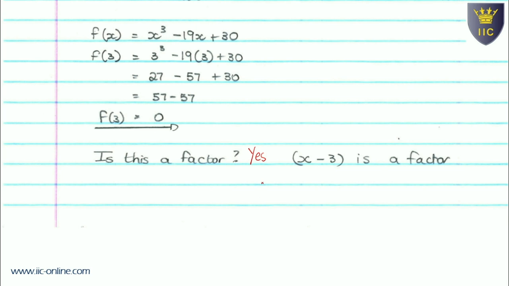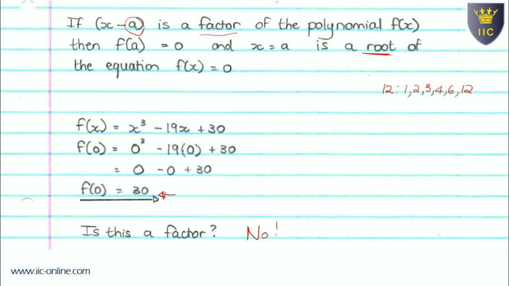Now how do you write it as a factor? Do you write 3 is a factor? No. If you go back to the theorem, we are saying that x minus a is a factor if when you plug in a into your equation, everything ends up equaling 0. So how do we write the factor?